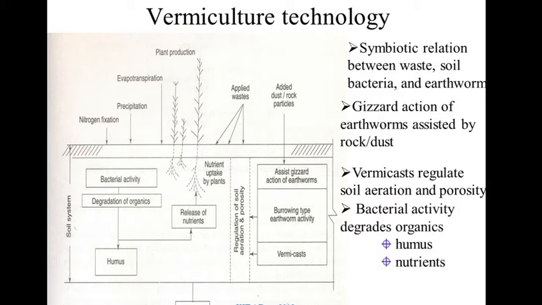So there is a symbiotic relation between waste, soil, bacteria and earthworm: the gizzard action of earthworms is assisted by rock and dust, and the vermicast or vermicompost regulates soil aeration and porosity. Bacterial activity, the degradation of organics, converts into humus and nutrients.